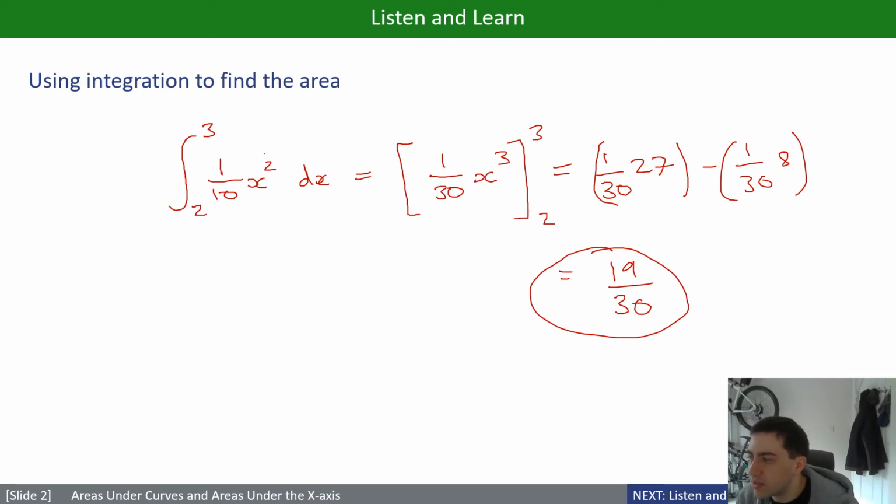And this is generally the way we're going to be doing it. You're going to be performing the integration of the curve that you're interested in, and then for the limits, to make it a definite integral, you're going to place these two imaginary vertical lines that define the boundary of where you start and where you're ending the integration.